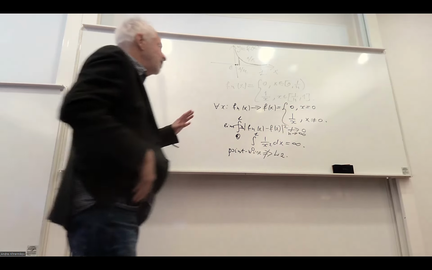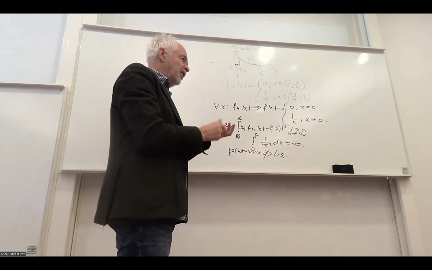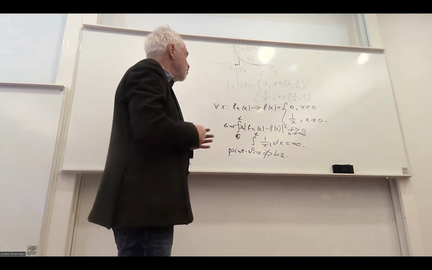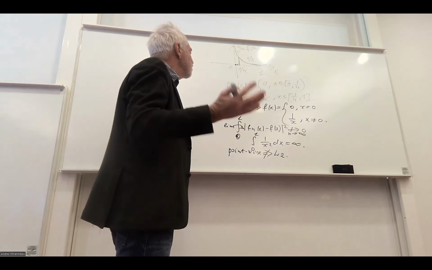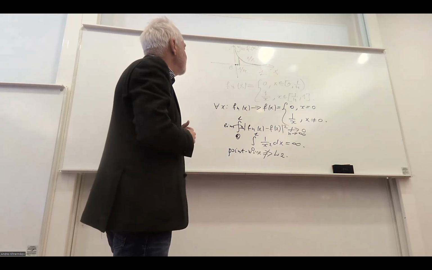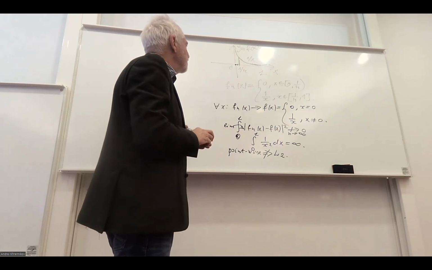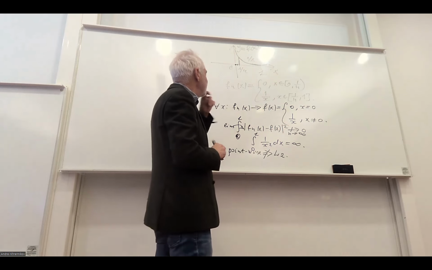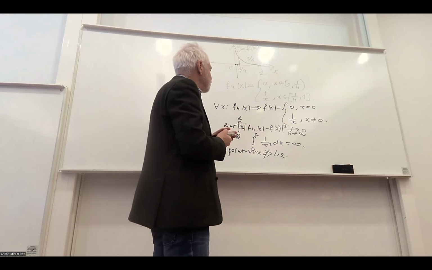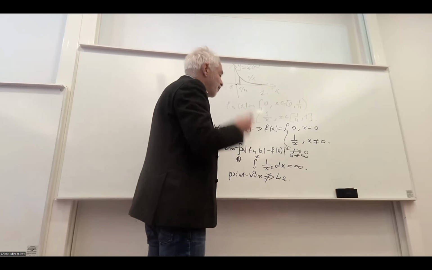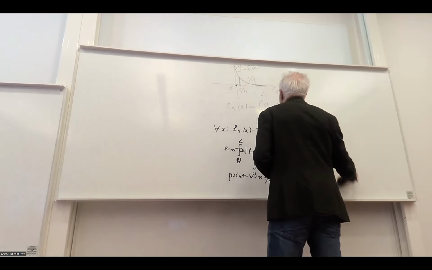Okay, so we studied two types of convergence, pointwise and L2, and they are very different. Only the Lebesgue theorem gives us some connection: if a sequence converges pointwise and is bounded, then it converges in L2. Now we go to the third type of convergence.